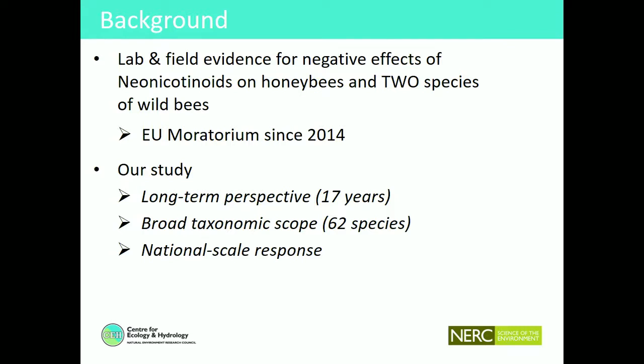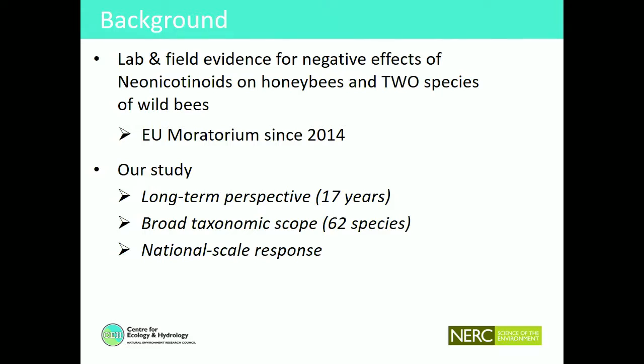All of that evidence comes from lab studies and a number of medium-sized field trials. We know very, very little about whether these effects scale up to long-term, large-scale population declines. So that was kind of the starting point for our study. So we got some evidence.